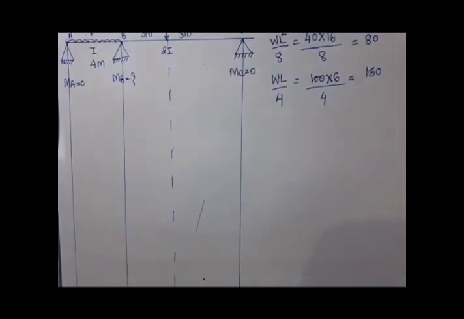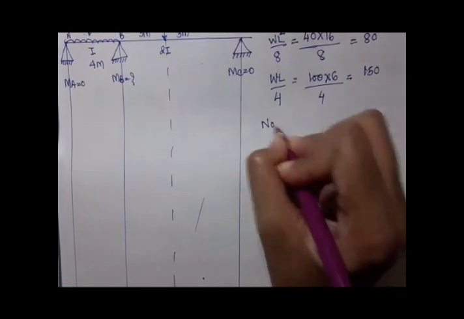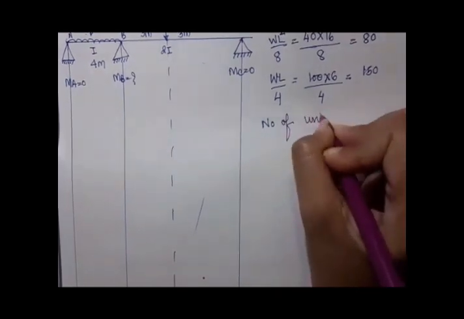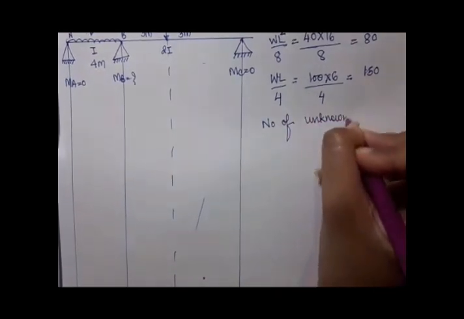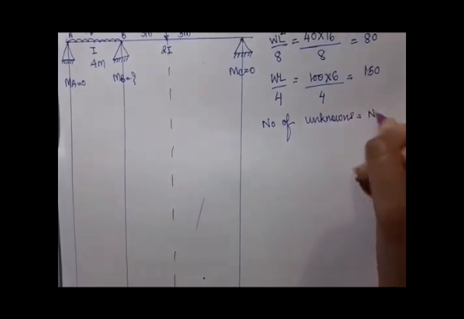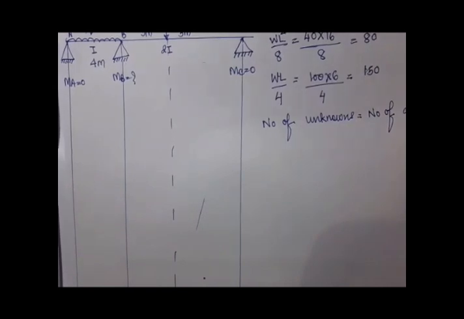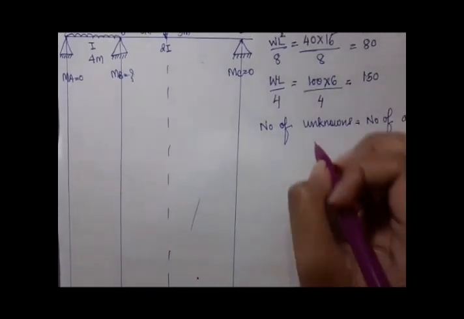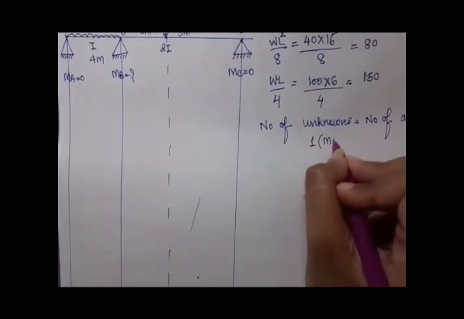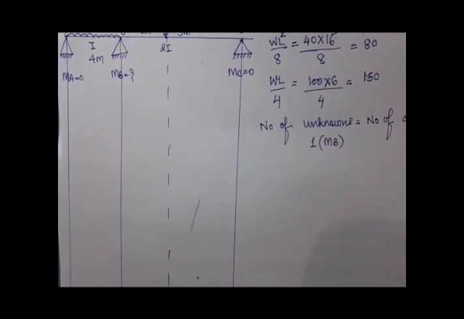Same reason as that of A. So now applying the number of unknowns equal to number of applying TMT. So here number of unknown is 1, that is MB. So TMT applied will be only one time.